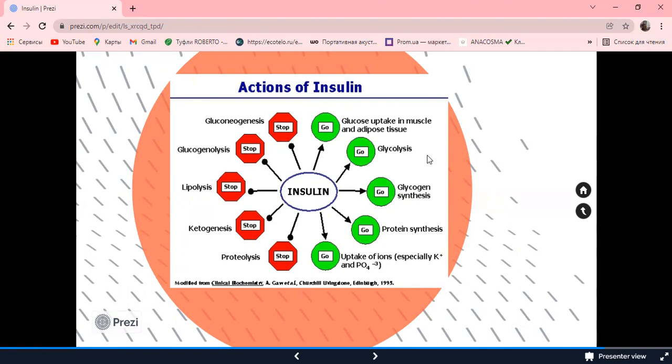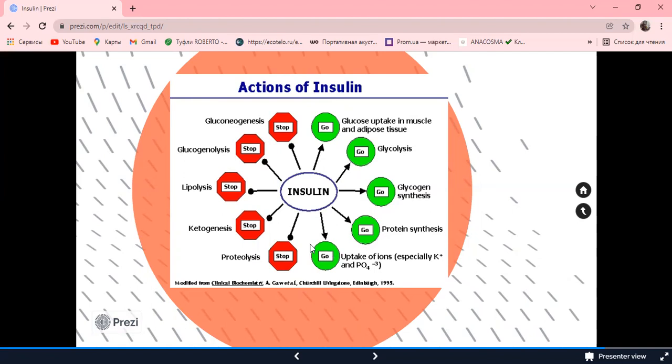As a powerful anabolic hormone, insulin stimulates not only lipogenesis, insulin stimulates protein synthesis. It stimulates protein synthesis through activation of transport of amino acids into cells, plus stimulation of transcription. Insulin stimulates the synthesis of proteins too.